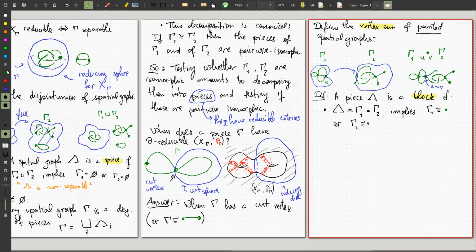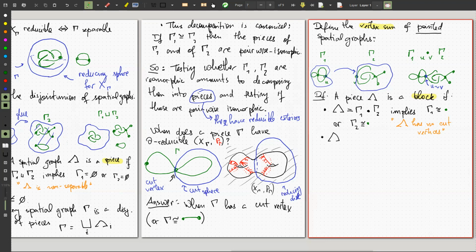And this property that I just wrote is synonymous to saying that lambda has no cut vertices. And the second property is that lambda itself is not trivial with respect to this operation.